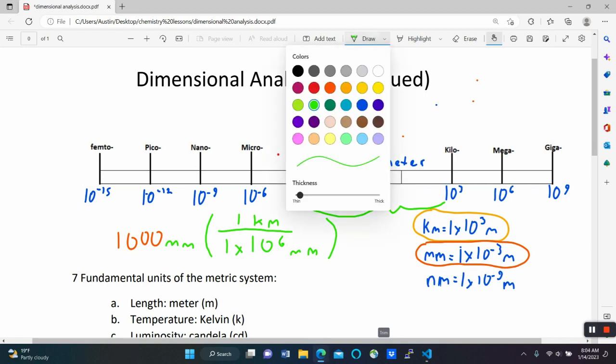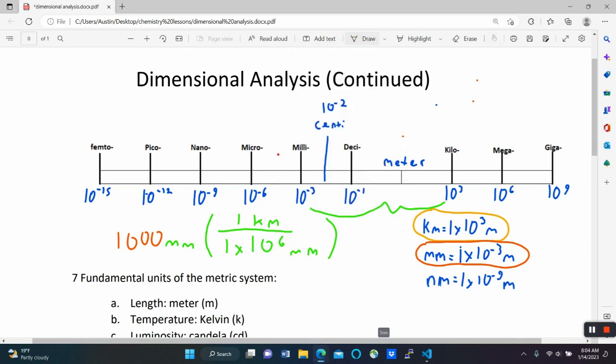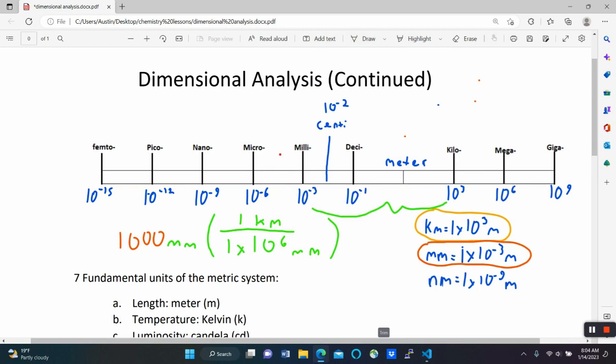Now, if the ratio of your numerator to your denominator happens to be less than 1, then you're moving your decimal place to the left.